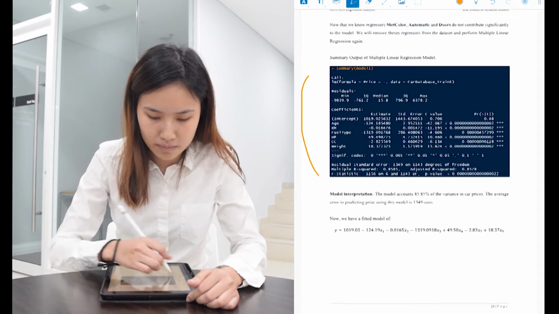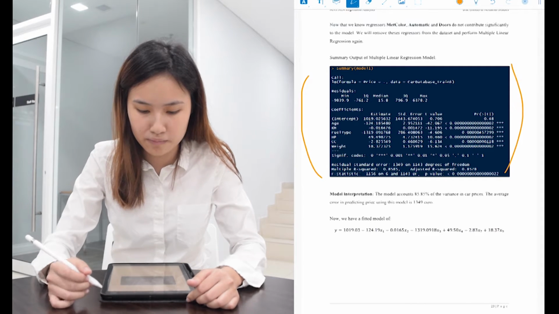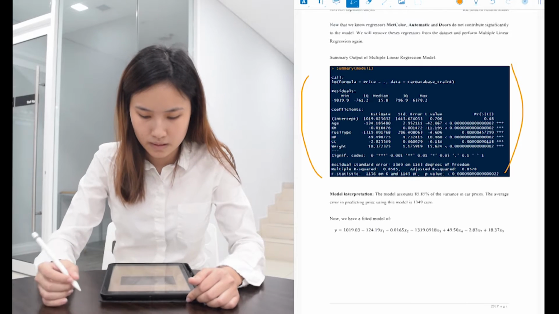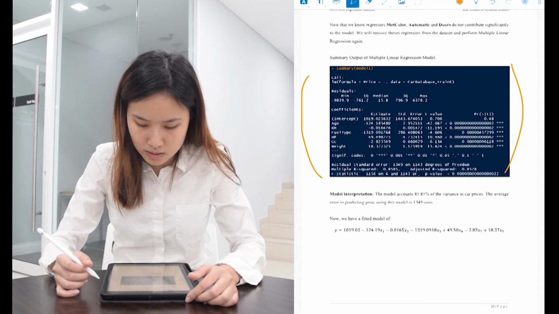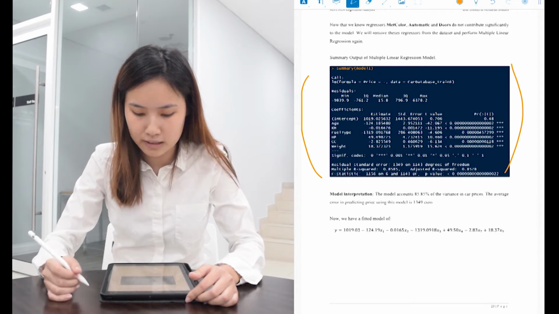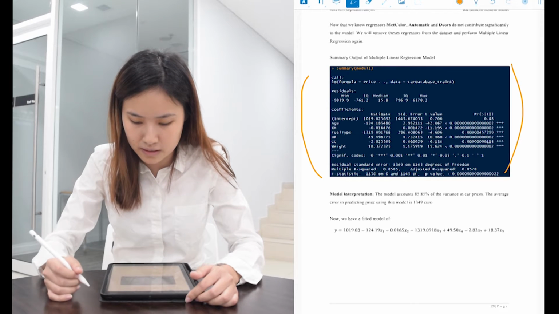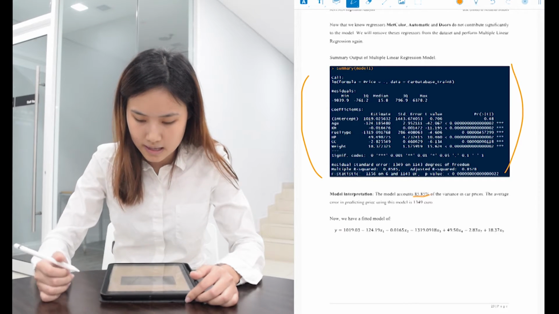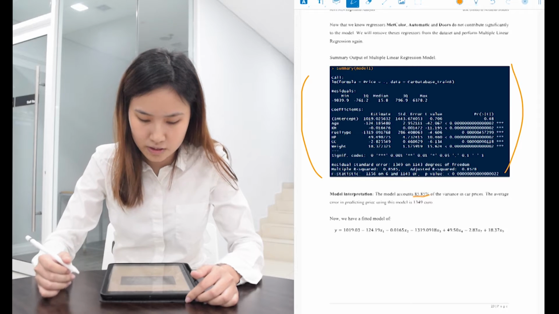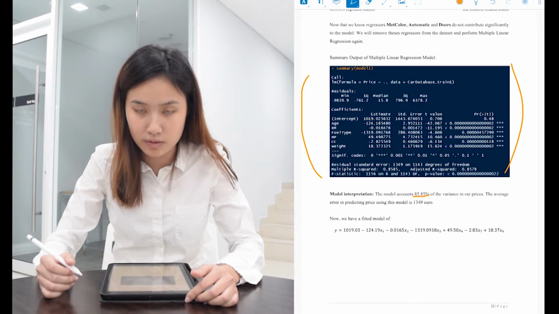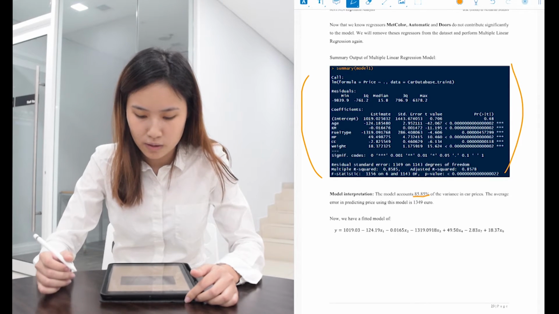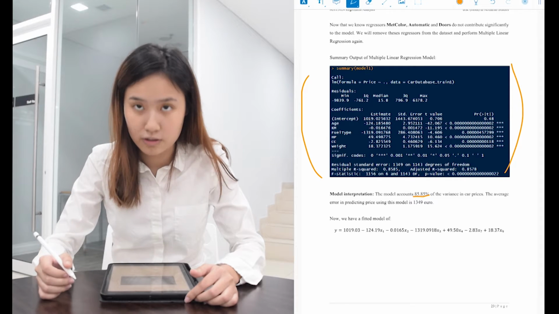This diagram shows the summary output of the multiple linear regression model. The model accounts for 85.85% of variance in the car price. The average error in predicting price using this model is 1,349 euro.